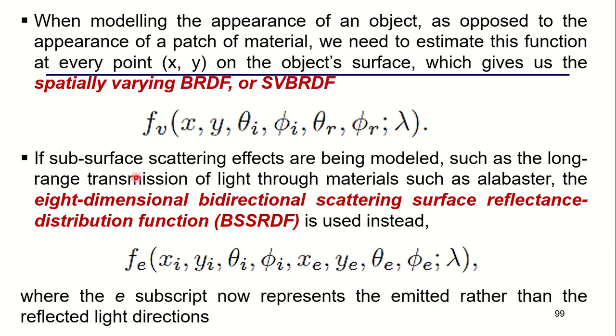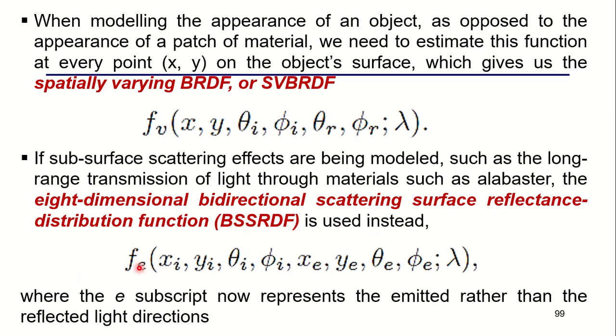If subsurface scattering effects are being modeled, such as the long range transmission of light through materials such as alabaster, then the 8-dimensional bidirectional scattering surface reflectance distribution function, that is BSSRDF, is used instead.